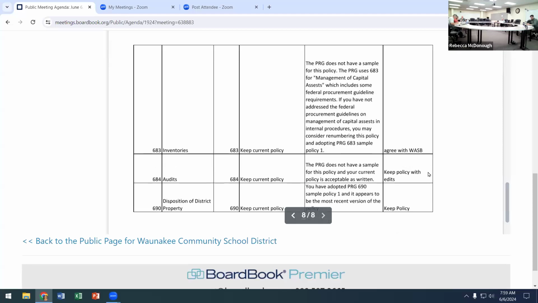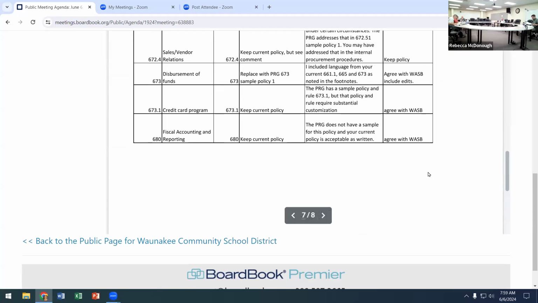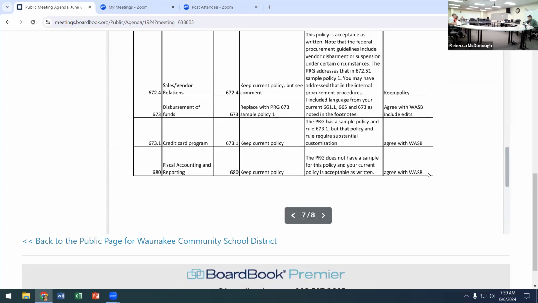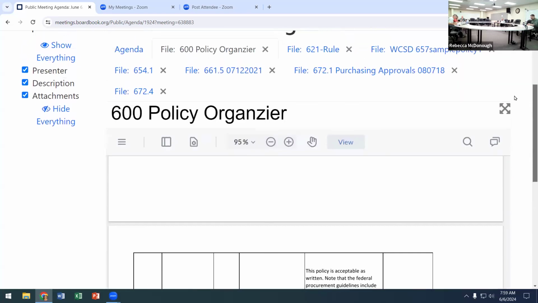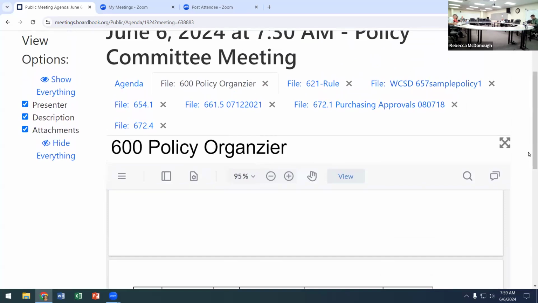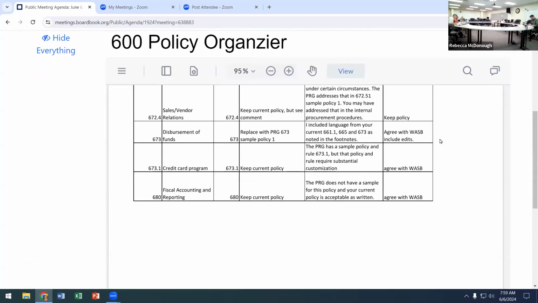Back on the previous policy, you've got a couple of business managers in there. Which one is that? On 673.1, page 2. Yep, on top. And further down. Requesting the issuance of credit cards submitted to the business manager.